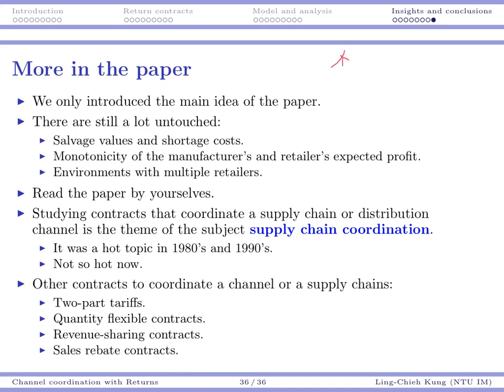Previously we drew this figure, right? Well, this is C, this is P, this is wholesale price, manufacturer's profit, and the retailer's profit like this. Intuitively, this is true, and the paper can show you that this is really true. The manufacturer's profit goes up, maybe non-linear, but it always goes up with W, and the retailer's profit goes down.